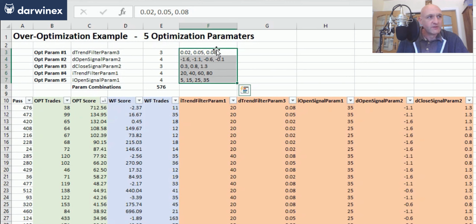I know a lot of traders would go way beyond the range just to see if they could get a better performing system, but that doesn't make any sense to me because you're actually moving into the realms of different premises for systems by doing that.